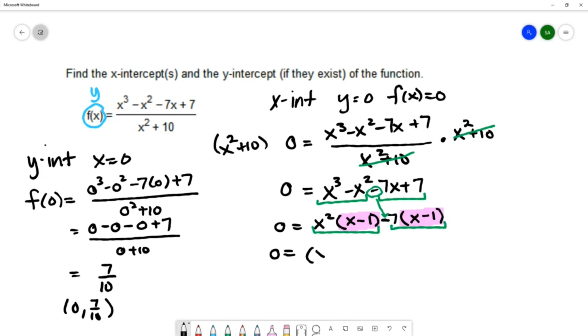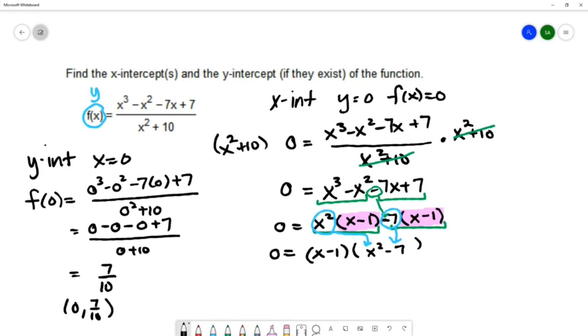I'm going to factor that common factor out, and what's left is this coefficient and this coefficient. So we have x squared minus 7. So now I have it factored. It's 0 equals x minus 1 times x squared minus 7.